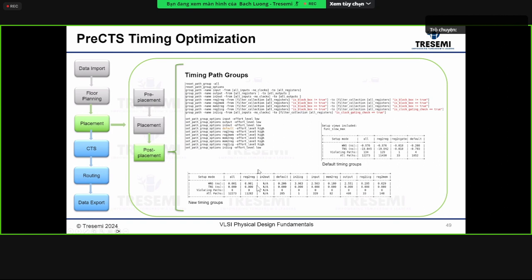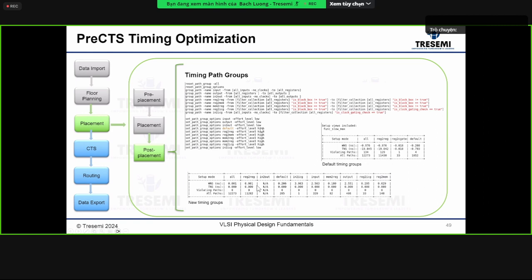Here, in this example, we set different timing path groups. So here I set input, output, in to out, reg to reg, mem to reg, reg to ICG. Then here we instruct the tool to spend more time, high effort, on reg to reg, reg to mem, and this is actually a duplicate, but reg to ICG.